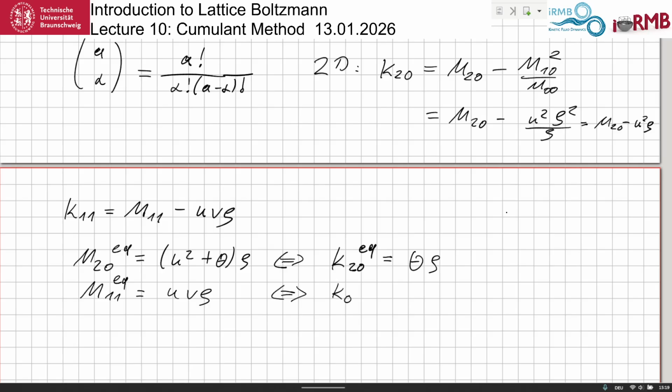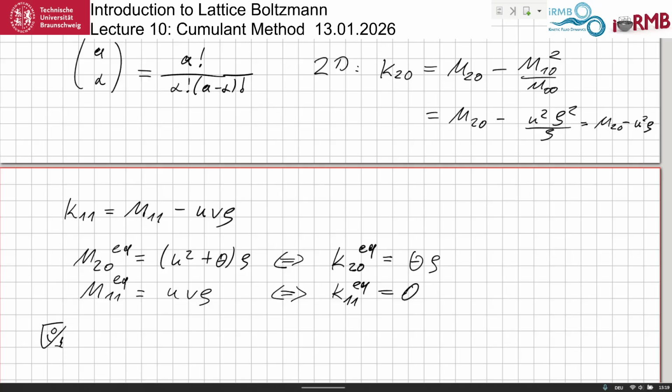The implication is, sorry, that was not that, K11 equilibrium is 0. So very important, and a big difference to what you see in MRT. If you look in the paper of the MRT and look at the equilibria of these moments, they are all functions of velocity and density.